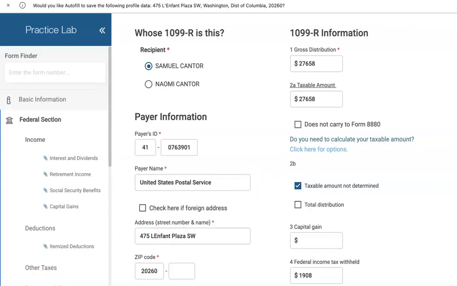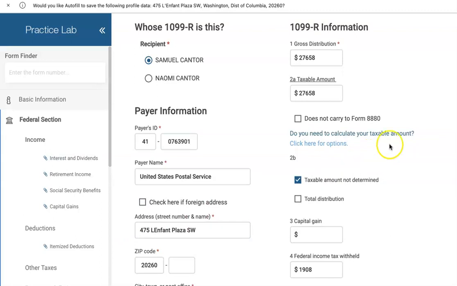We know that because box 9B, total employee contributions, is a positive number, $76,000 and change. So some of that $27,658 that Mr. Cantor received in 2021 is actually his money, his post-tax money, and he should not have to pay taxes on it again.